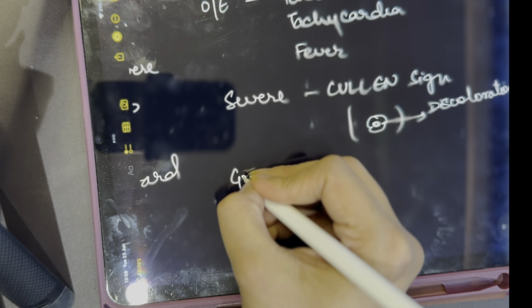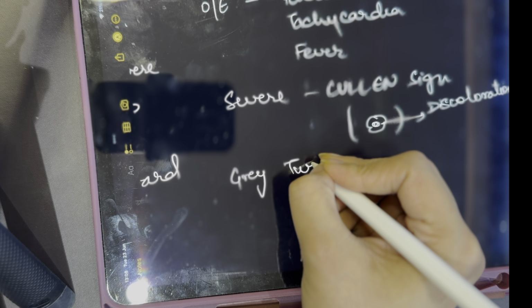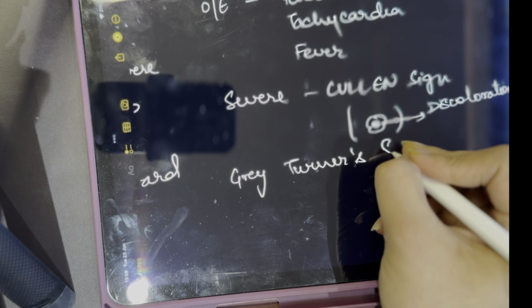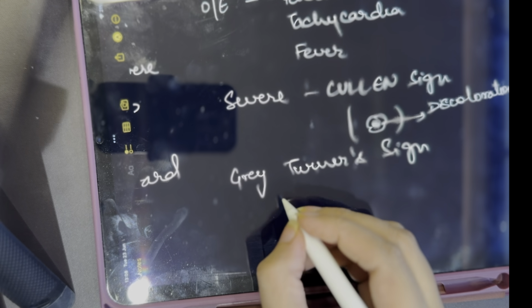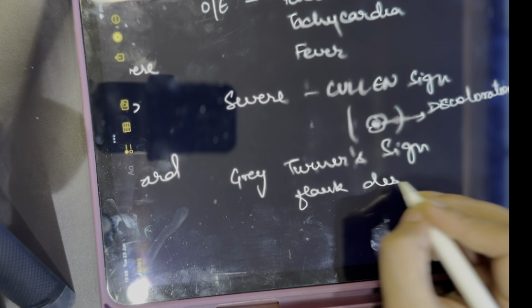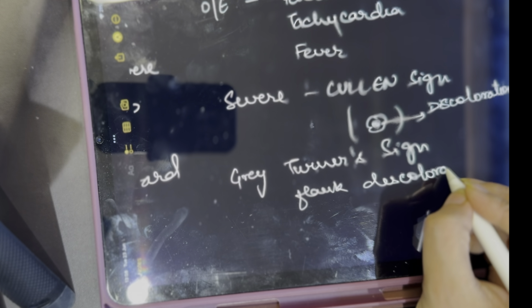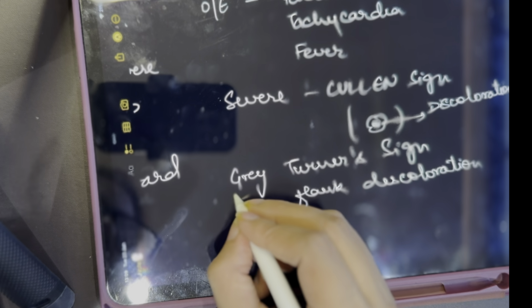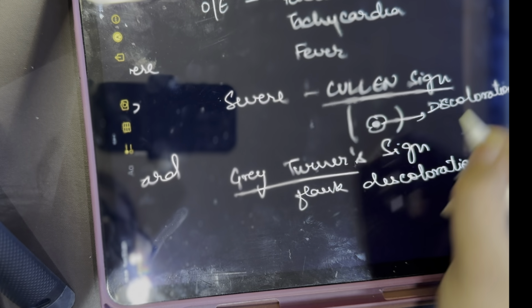There can be Grey Turner's sign, which is flank discoloration because of hemorrhage. So these two signs are important: Cullen sign and Grey Turner's sign.